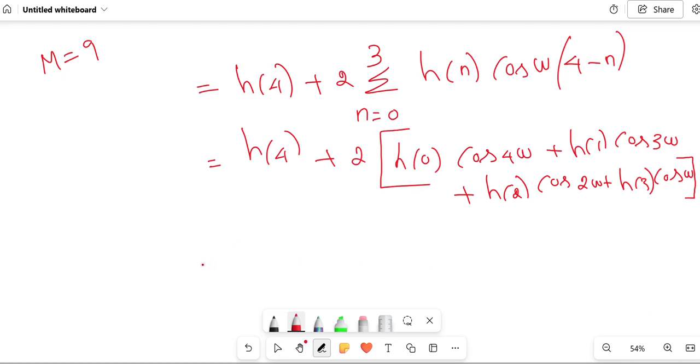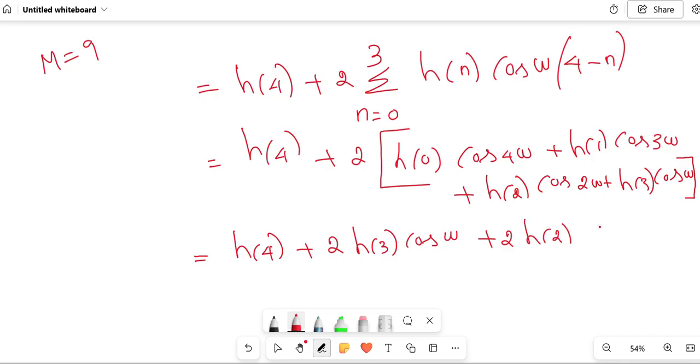Now simplify: h of 4 plus 2 into h of 3 into cos omega plus 2 into h of 2 cos 2 omega plus 2 into h of 1 into cos 3 omega plus 2 into h of 0 into cos 4 omega.